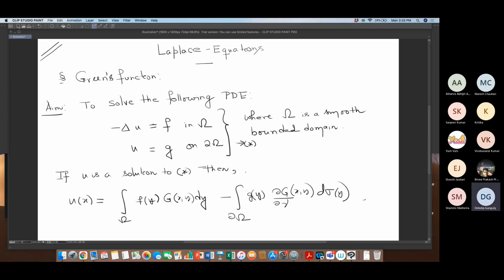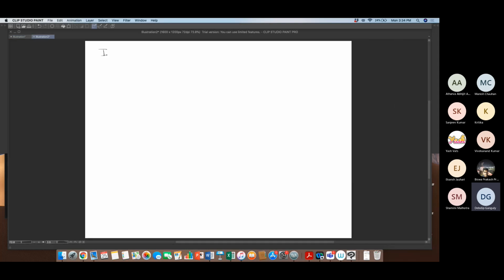And what is G? This G is known as the Green's function, and it is explicitly written.